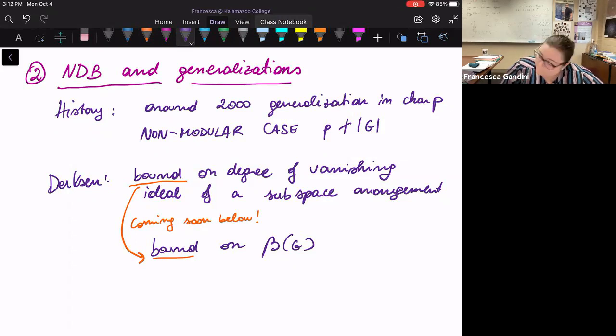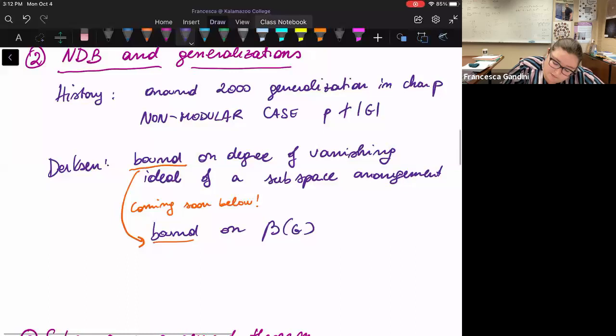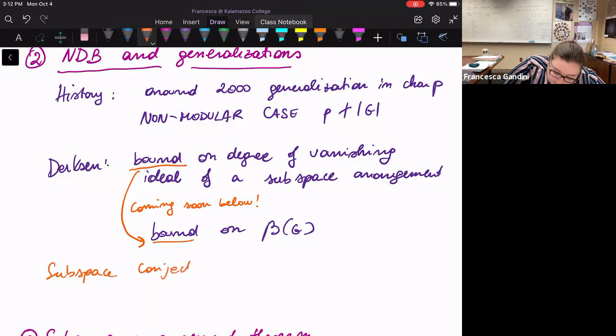And so now what became the key ingredient here to establish a bound on beta G was this subspace conjecture, which then became a theorem in 2021 with Derksen and Sidman. Wow.